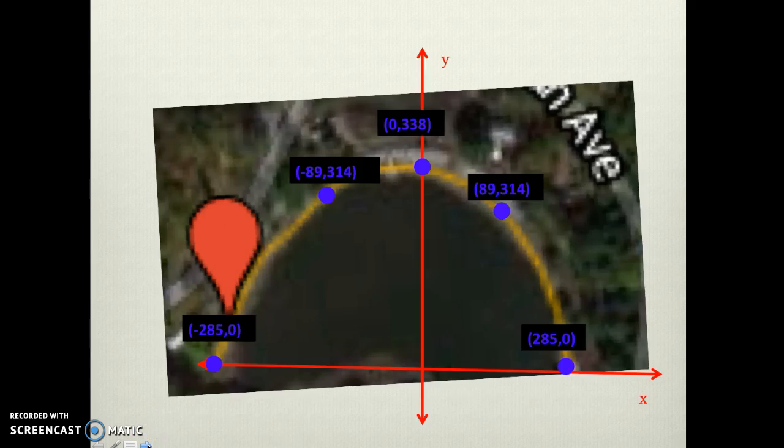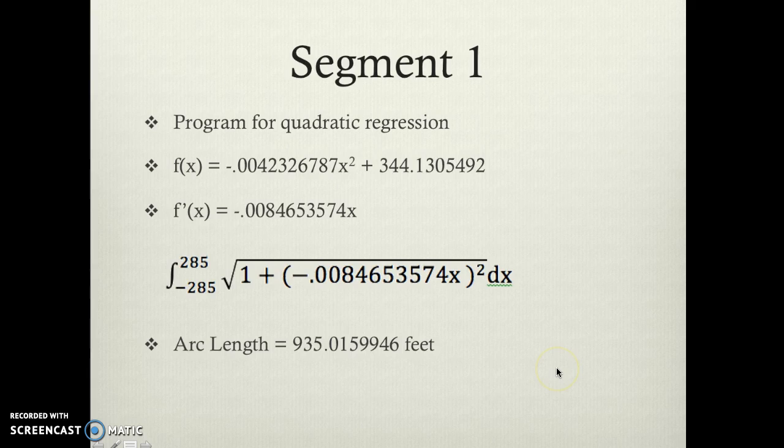So for segment 1, I used Google Maps to create X and Y axes. And from there, I found these 5 coordinates. As you can see here, I put them here.